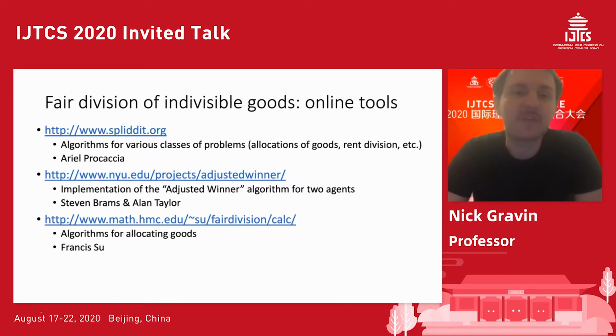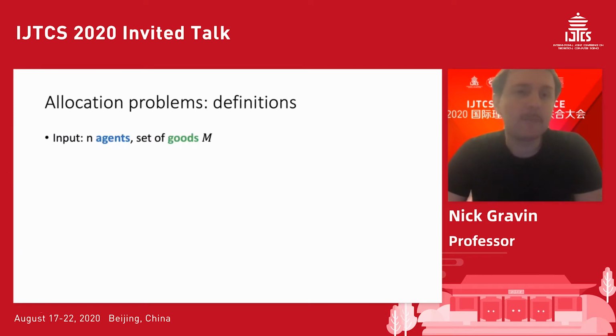There are a few other resources, and my list is by far not complete, so people have a lot of algorithms and resources available online on these topics. And actually, there is quite a lot of data. For example, Spliddit collected thousands of requests just for the task of division of inheritance and so on. And actually, instances are often quite interesting.